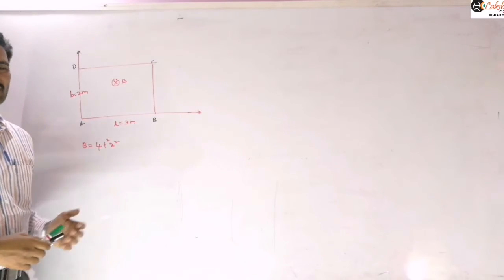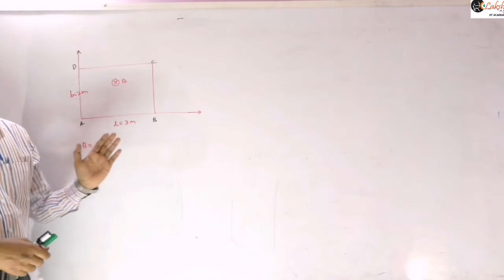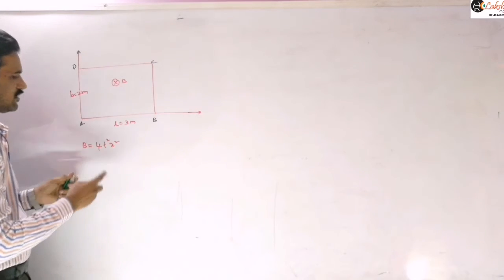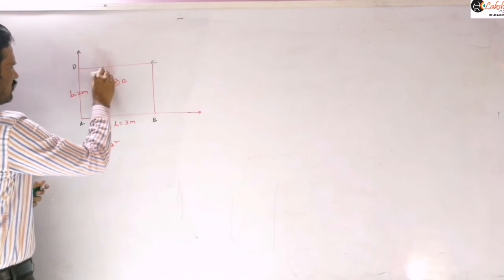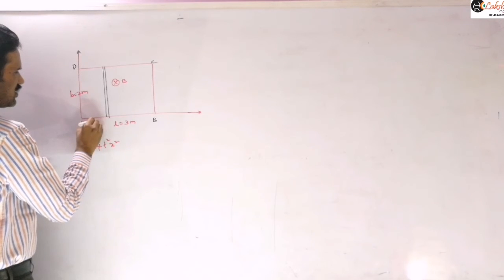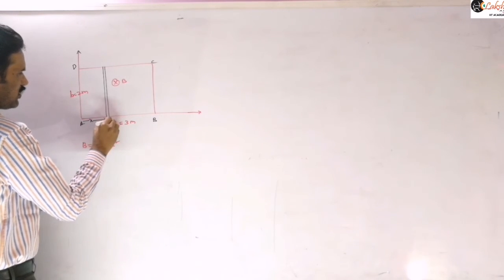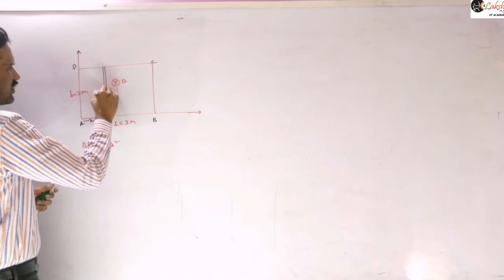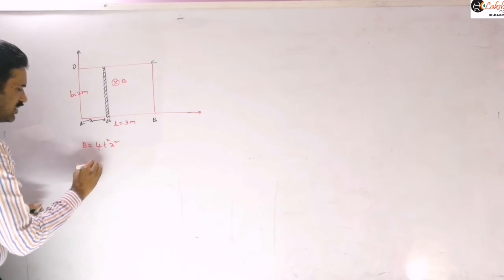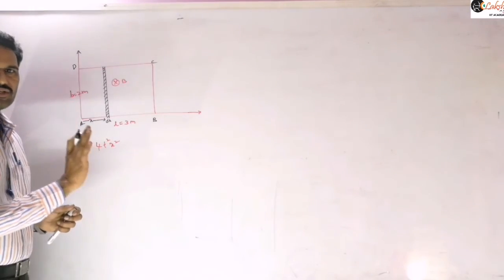For such types of problems, first we calculate the total flux passing through this loop with respect to time. Let us take a small element here, because the field is varying as a function of x. So at a distance of x, I am taking a small element. Let us write the flux passing through this small element at any instant of time t. Now t we consider as a constant.